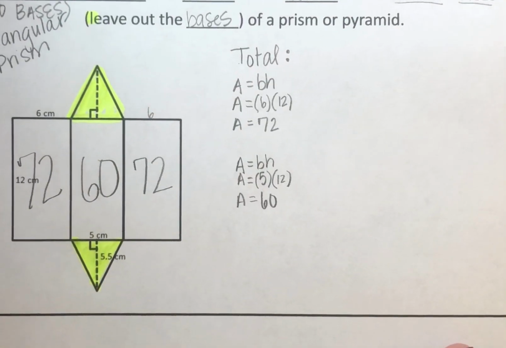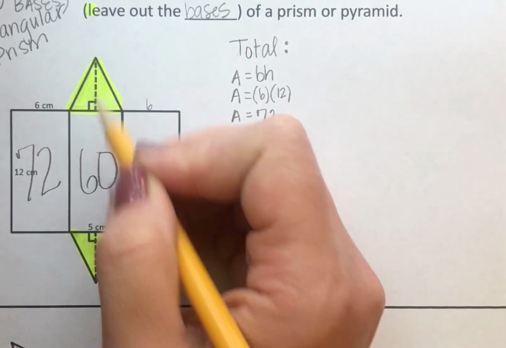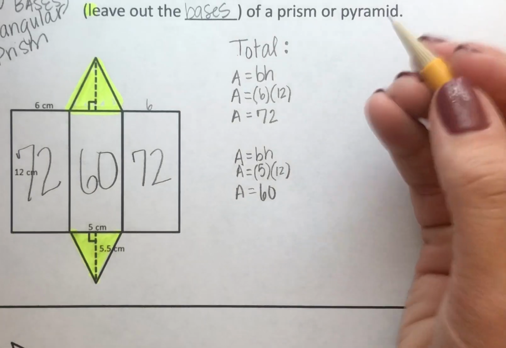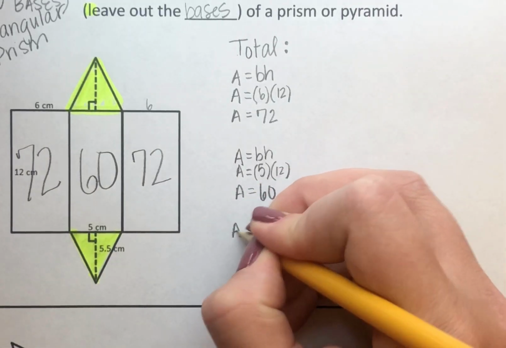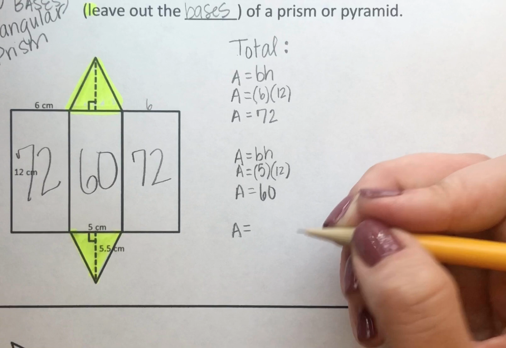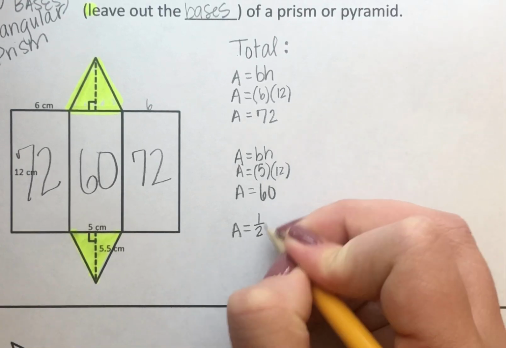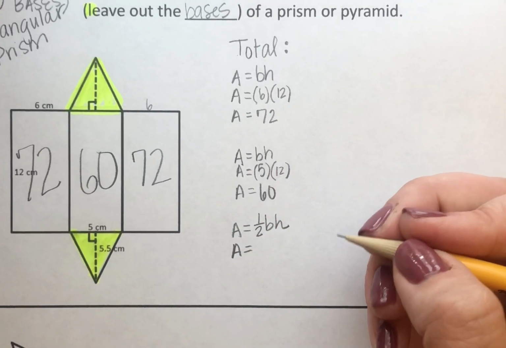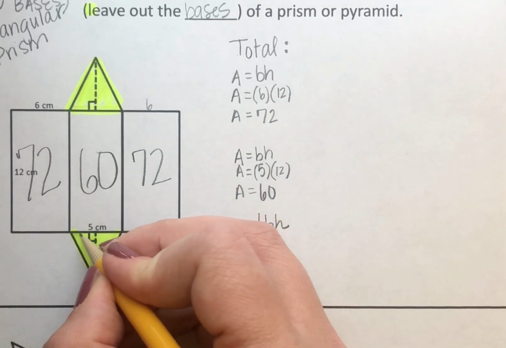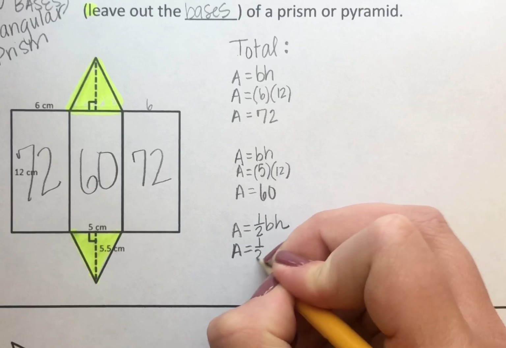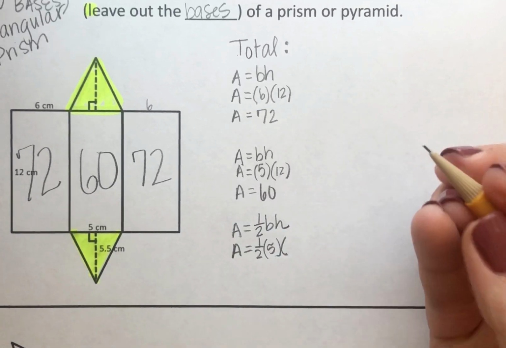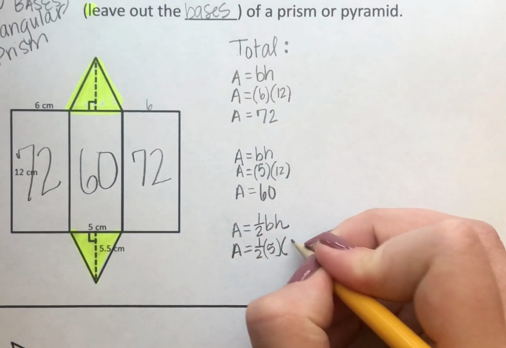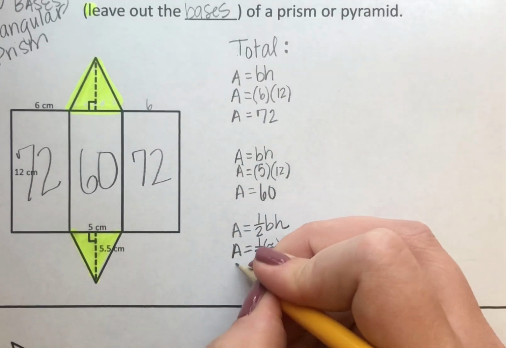Okay, so the only other thing that we have to do now is find the area of these triangles, and they are congruent. So if we find the area of one, we will have found what we need for both of them. So formula for the area of a triangle, 1/2 base times height. We write our formula and we fill it in. So the base of this triangle is 5, so 1/2 of 5 times the height, which always has to meet the base at a right angle, so we know the height is 5.5.